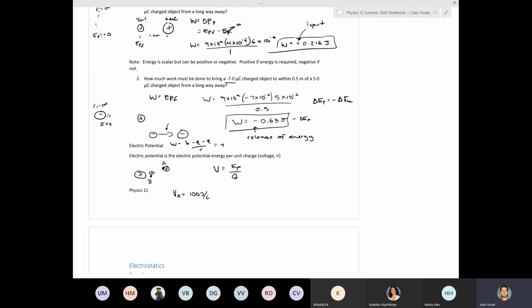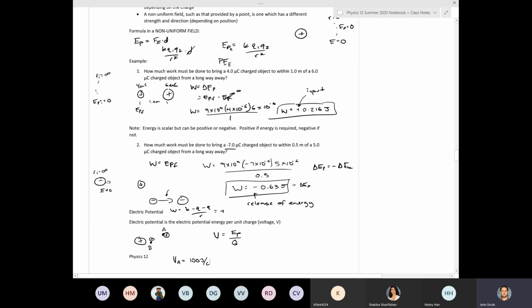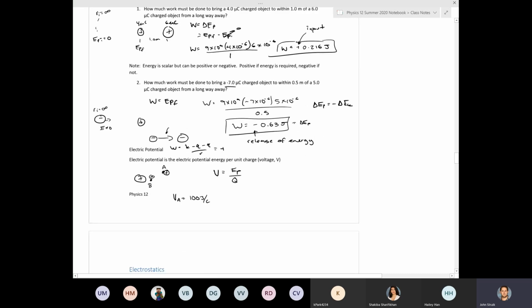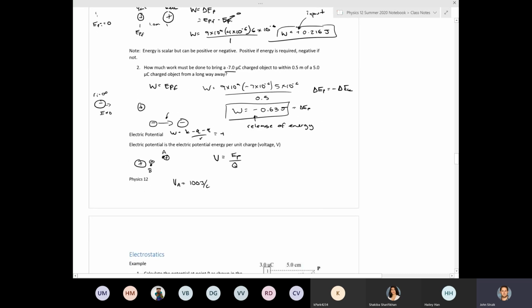Okay, what's the next part that I want to talk about? I need the formula. The potential energy, as we saw before, is dependent on both charges, okay? And so if we do a derivation here, there's a certain potential energy associated with Q, and this is Q right here. This would be little q, the q that I'm bringing into the field of influence.